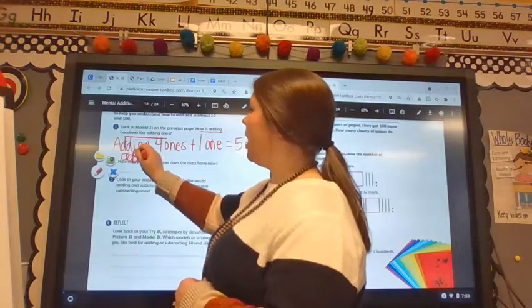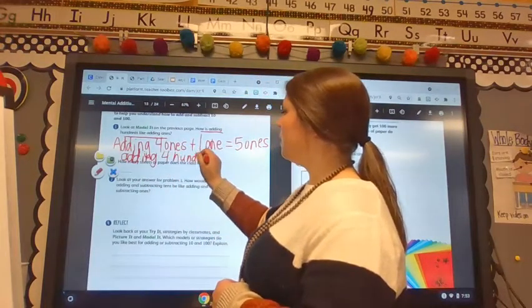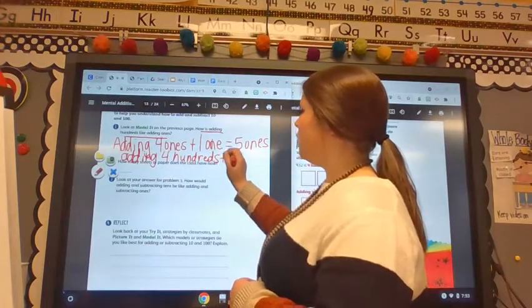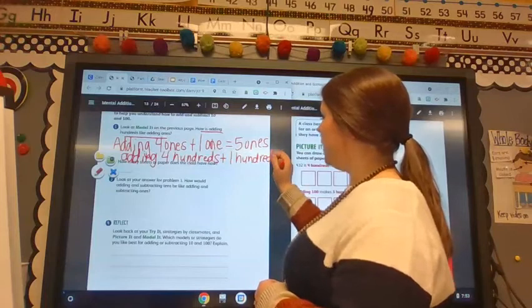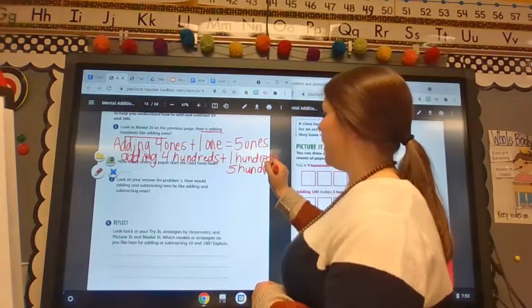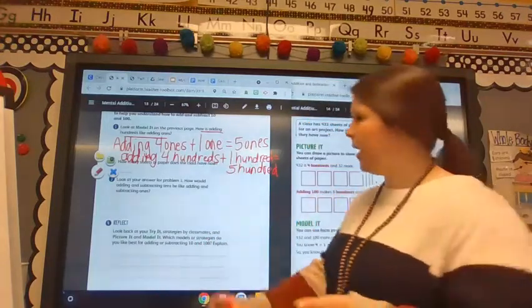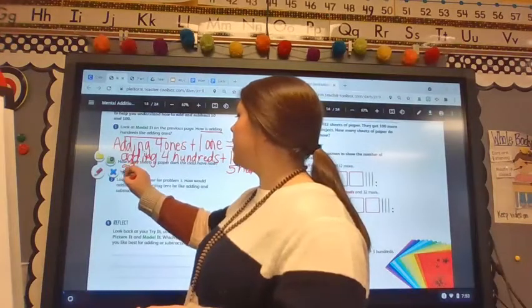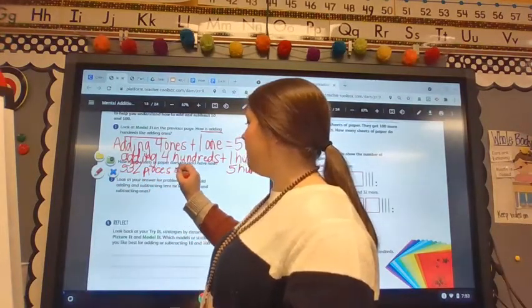Adding 400 plus 100 equals 500. All right, and then it wants us to answer that question. How many sheets of paper does the class have now? 532. Remember, we have to put our unit, pieces of paper.